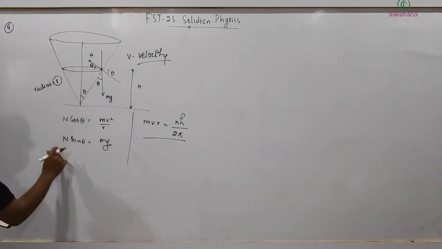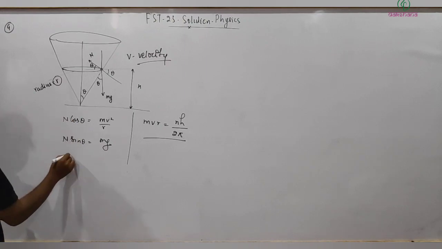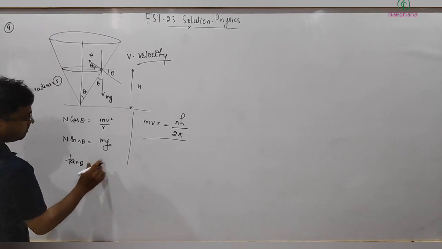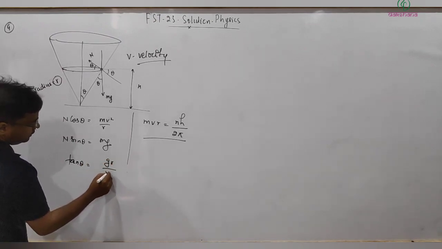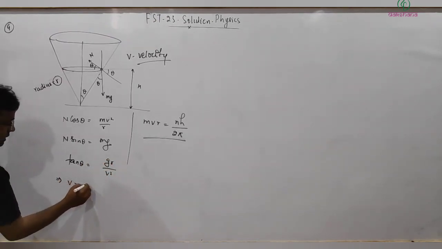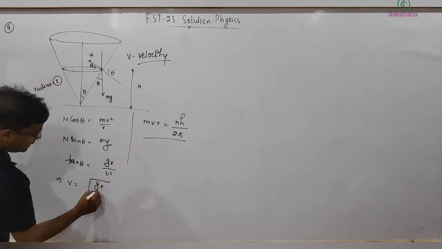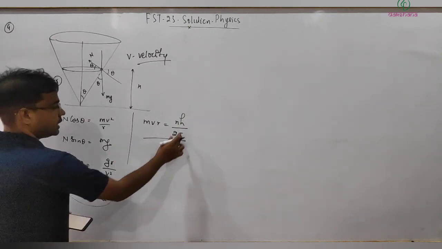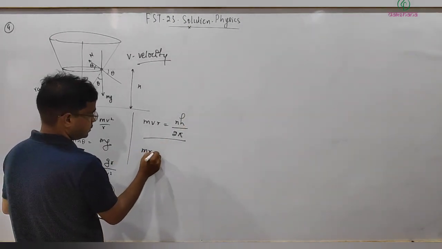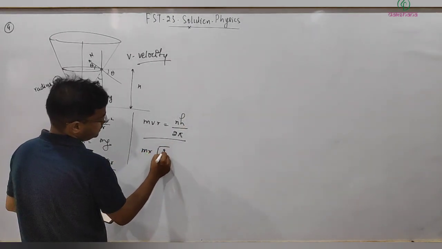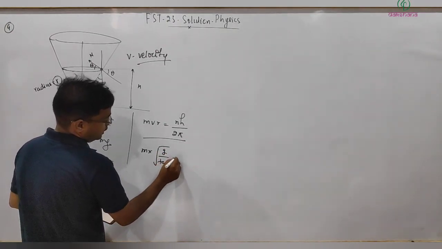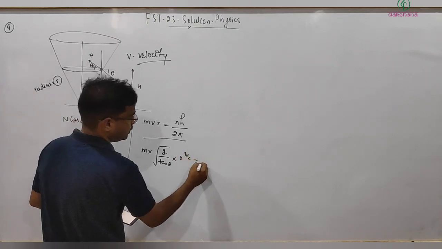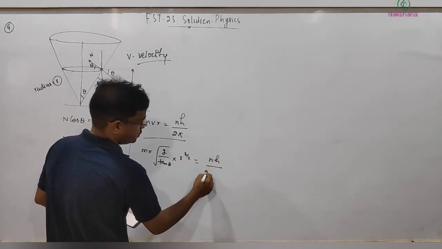Let's calculate that. By simply dividing these two, I'm getting tan theta equal to g divided by v square by r, that is gr divided by v square, and this implies v is equal to under root of gr divided by tan theta. Now you can substitute it here. So this is m into under root of g by tan theta into r power 1 by 2 and r power 1, so it's r power 3 by 2, equal to nh divided by 2 pi.